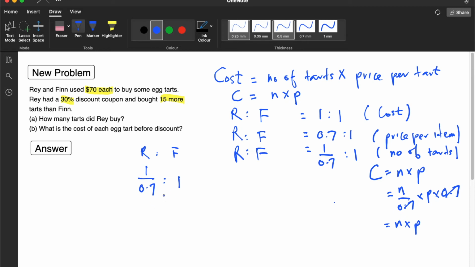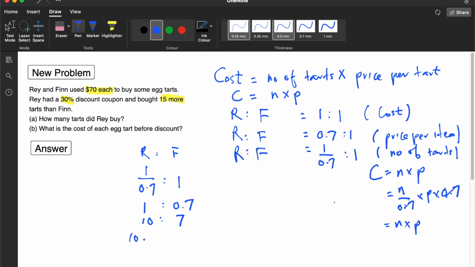So we can manipulate this. If you multiply 0.7 to both sides, you will get 1 is to 0.7. And to make it even easier, I'll multiply by 10 to get 10 is to 7. So you can see that Ray has got 10 units versus Finn's 7 units. So what is the difference? The difference is 3 units.